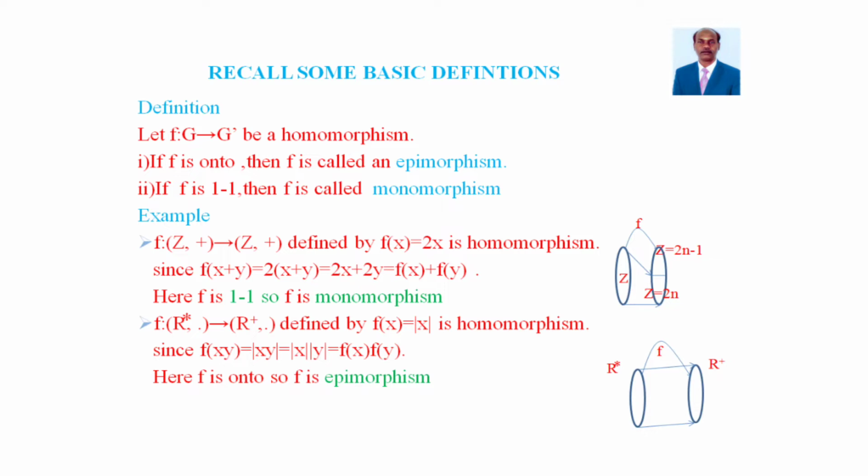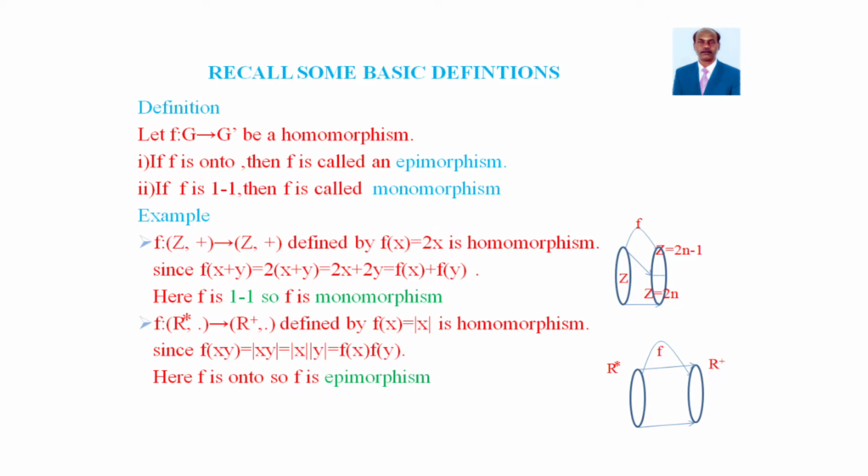Now we take another example. f from R star, dot to R plus, dot defined by f of x equals mod x is a homomorphism. Looking at the picture, the domain set is R star and the codomain set is R plus. Every element in the domain set has an image in the codomain set, and at the same time every element in the codomain set has a pre-image in the domain set.